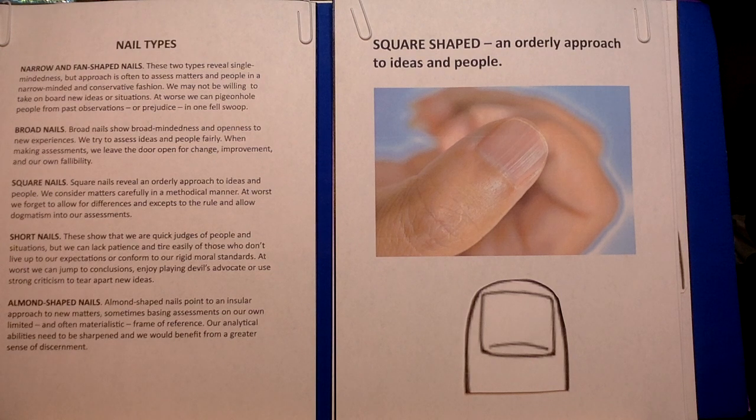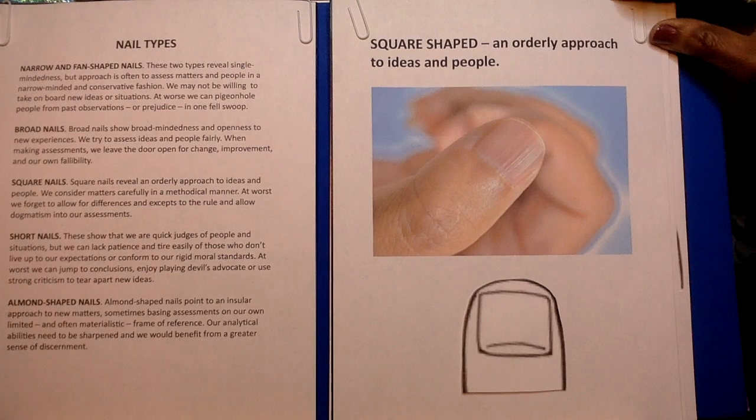We consider matters carefully if you have this type of nail, in a methodical manner. At worst, we forget to allow for differences and accept exceptions to the rule and allow dogmatism into our assessments. Well, that's how we are if you have that. You don't leave the door open for change. That's how it is. Okay?